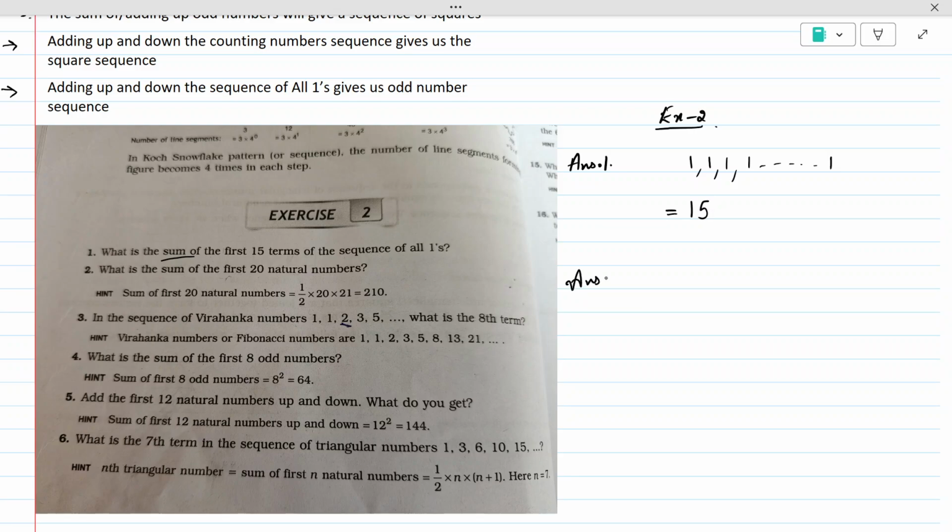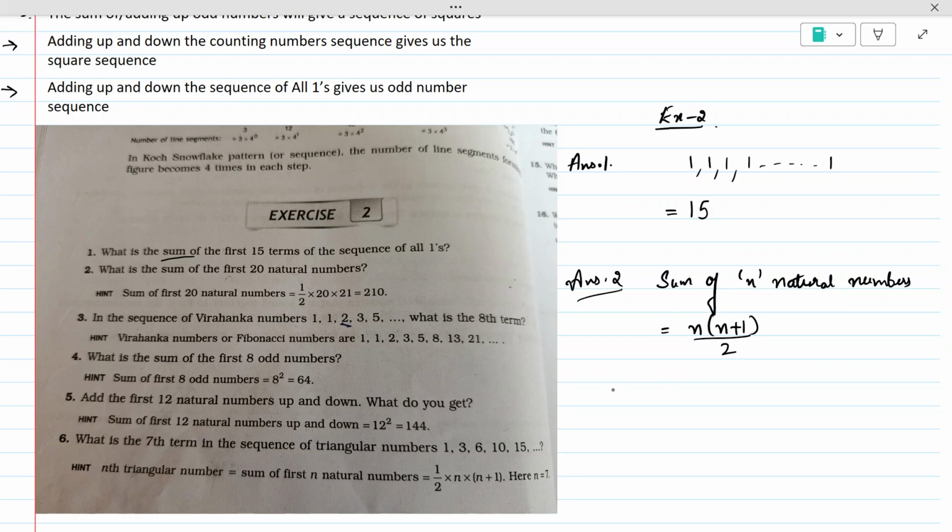Next question is, what is the sum of first 20 natural numbers? So we just did the formula. The sum of n natural numbers is n multiplied by n plus 1 divided by 2.